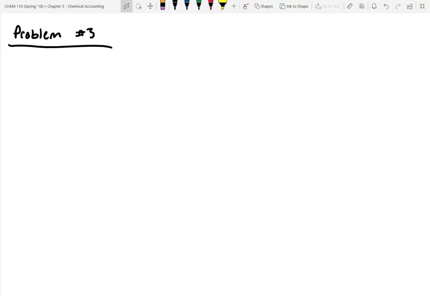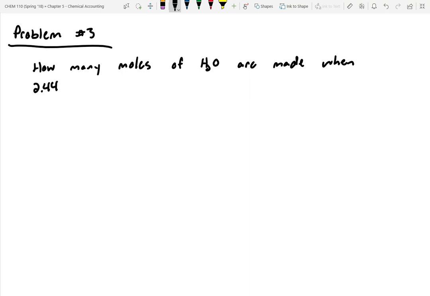All right, so the first one is how many moles of water are made when 2.44 grams of silicon dioxide react.